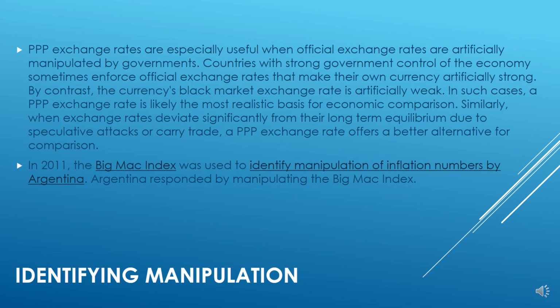So, identifying manipulations. Purchasing power parity exchange rates are especially useful when official exchange rates are artificially manipulated by the governments. Countries with strong government control of the economy sometimes enforce official exchange rates that make their own currency artificially strong.